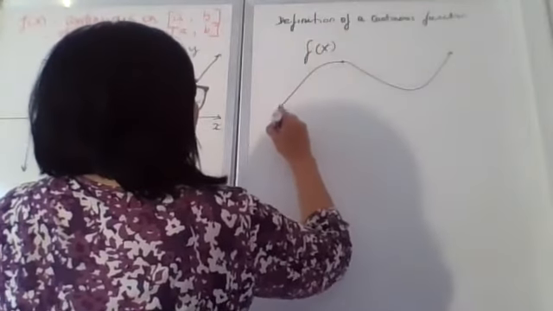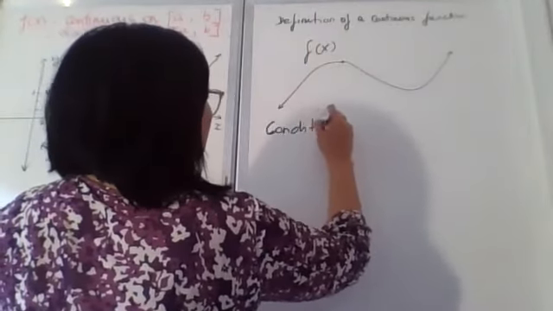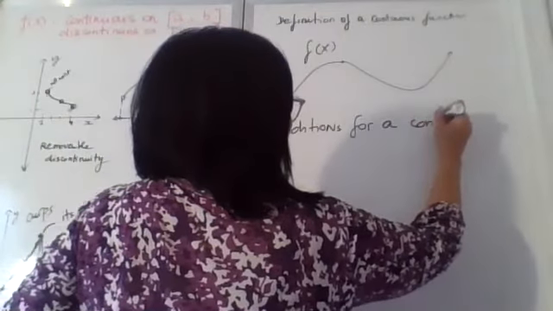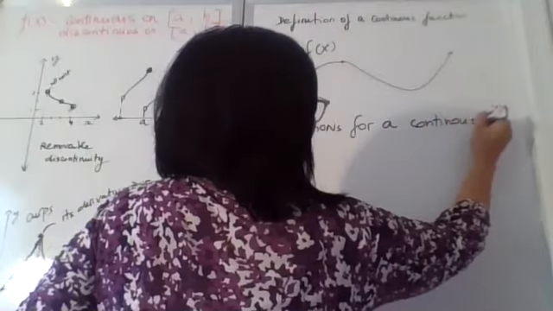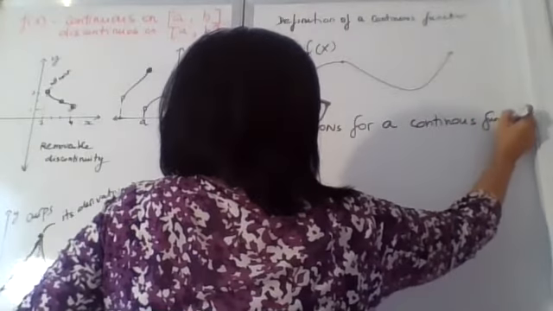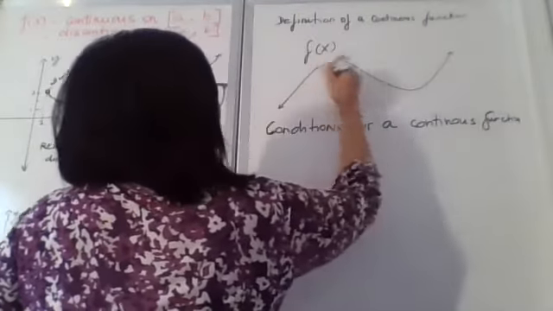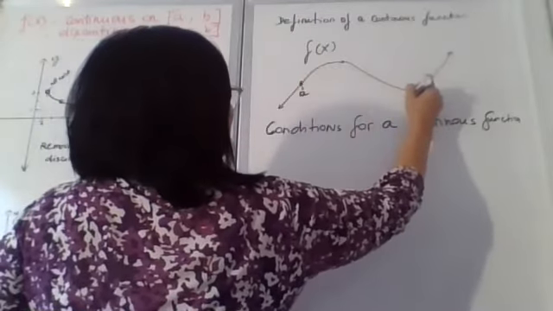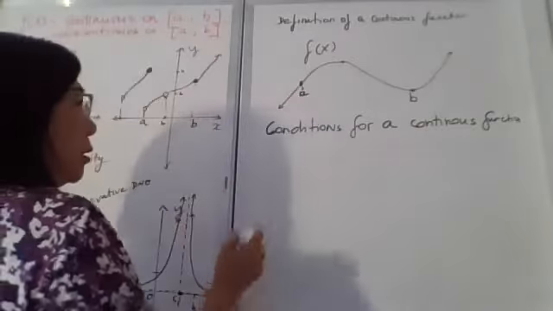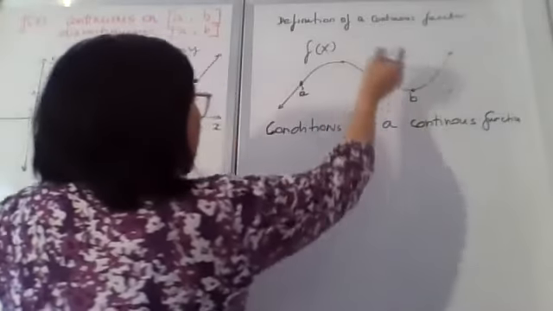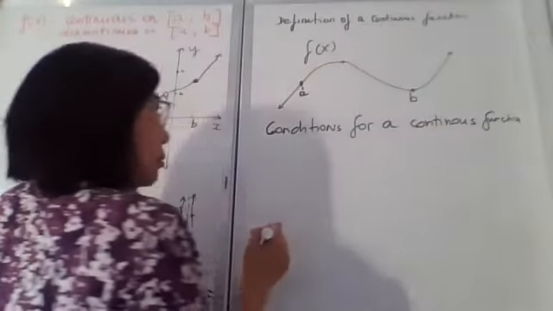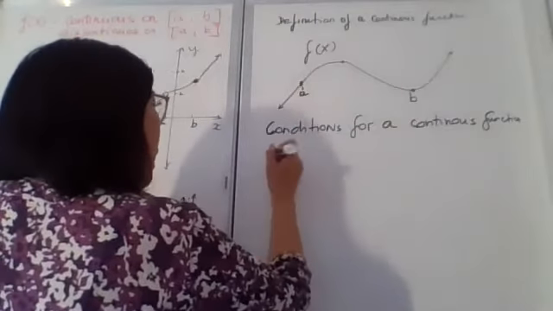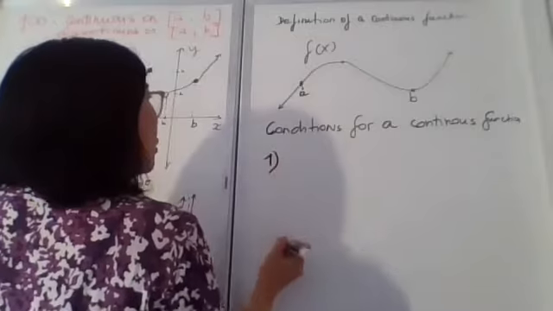So, conditions for a continuous function. Let's say on the interval A to B. If this f(x) is a continuous function on the interval from A to B, then it has to satisfy three conditions.